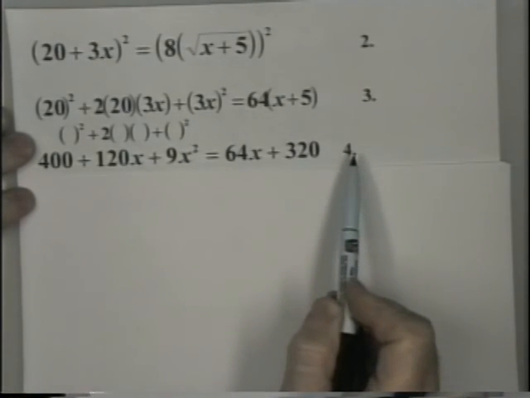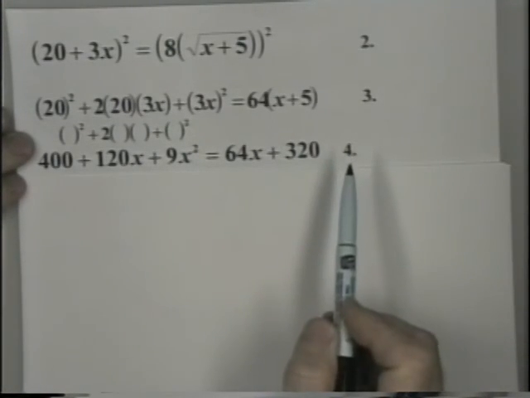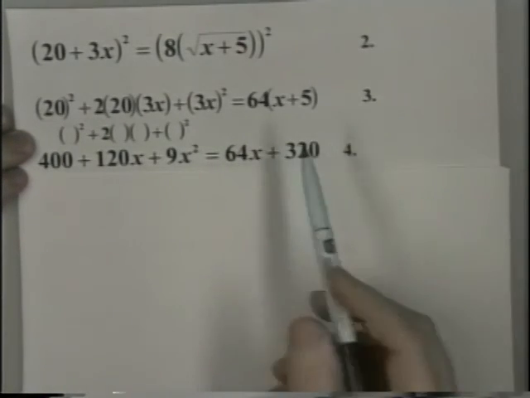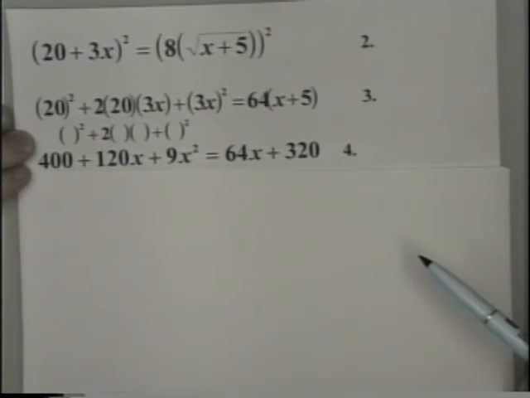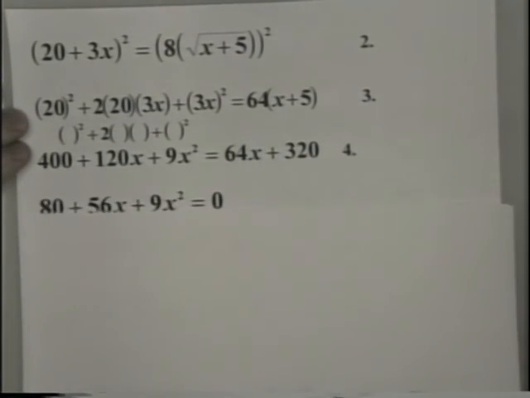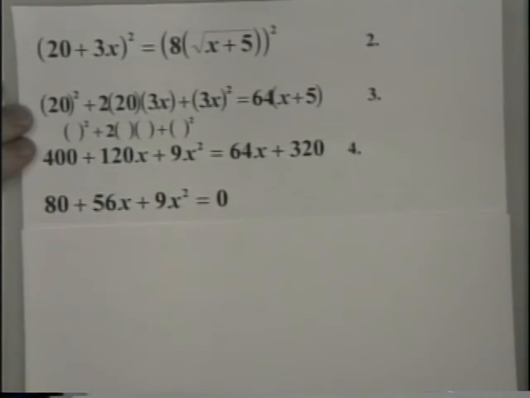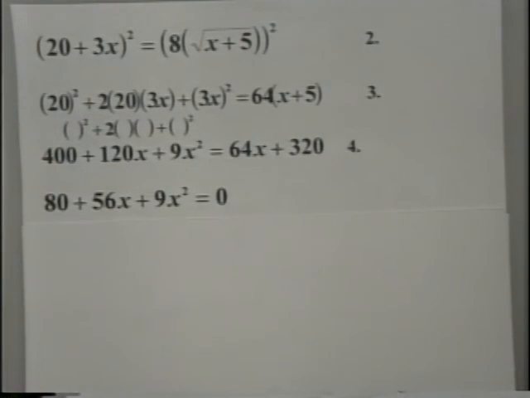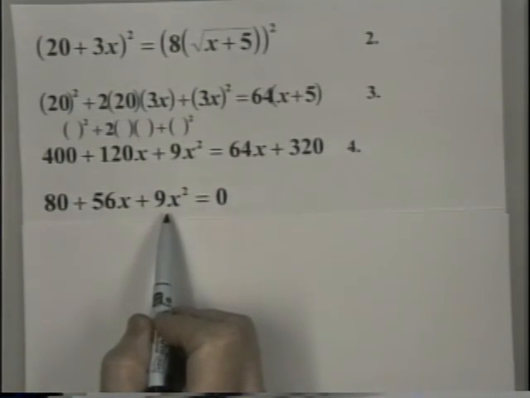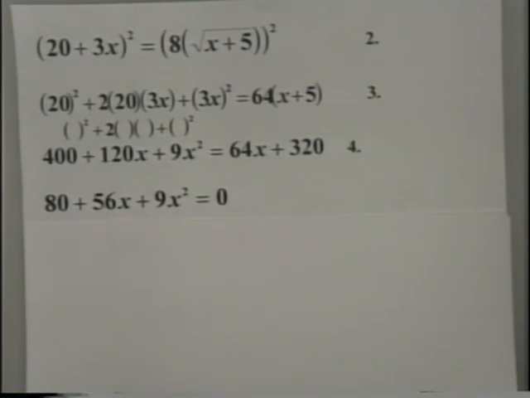Now you're at step 4, which is solved by the appropriate method. And this time, the equation we got after going through that cycle of steps has no radical. It's just a nice quadratic equation. We set it equal to 0 and hope that it turns out to be a factorable quadratic. 80 plus 56x plus 9x squared.